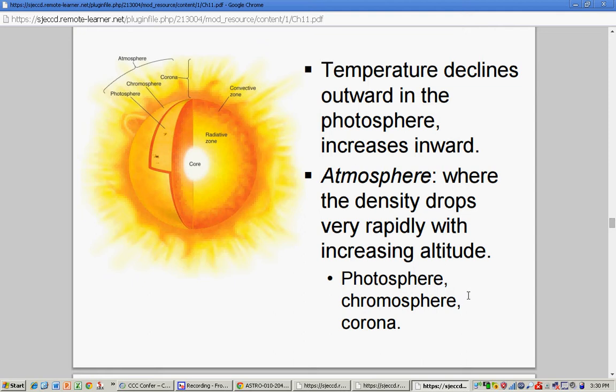The photosphere is very thin, about 400 kilometers, which is about 300 miles in thickness, and that's where most of the solar radiation comes from. On top of the photosphere lies the chromosphere, which is slightly thicker, about 7,000 kilometers, or about 4,000 miles in thickness.